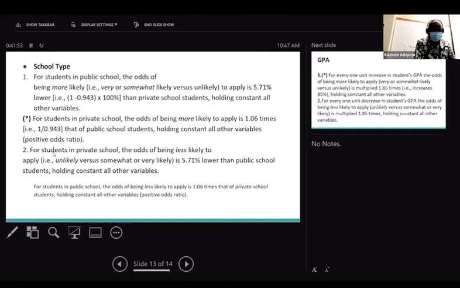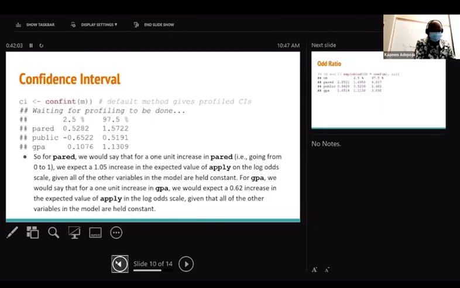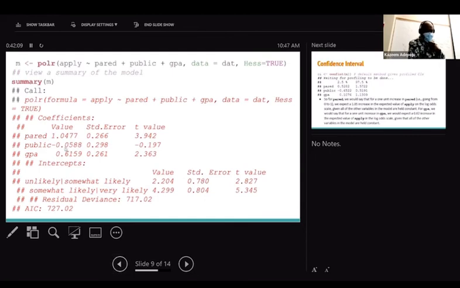Why is it that we say for students in private school, the odds of being less likely to apply is that? Take a look at the estimate. It's negative. Can you see it's negative here? You know what that negative means?